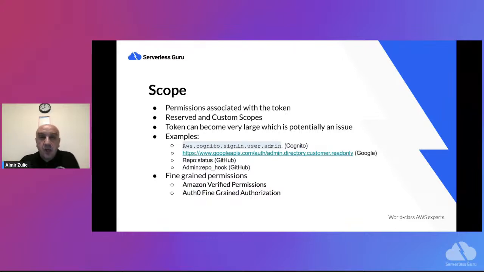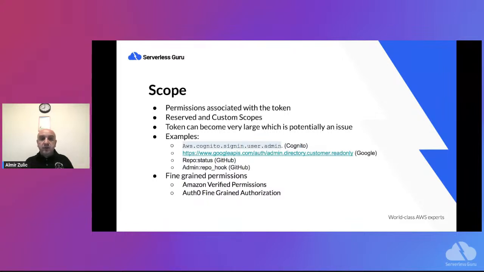If you look at some examples, you see the AWS Cognito sign-in user admin. This means that if you have this scope within your token, you can make admin requests to your Cognito. So you can actually do stuff on the service itself.